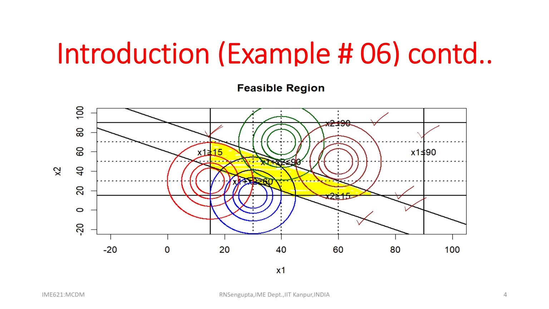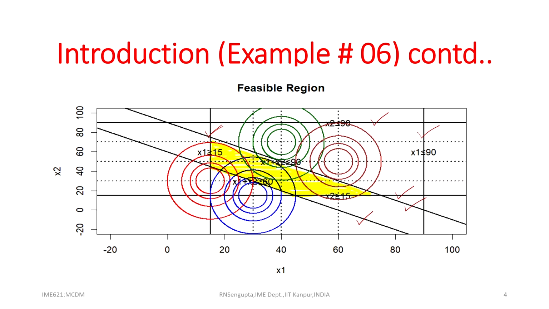Now, considering the objective functions, I did mention in the third lecture that there was a color combination for f 1, which is objective function 1, and f 2, which is objective function 2, and that is why I marked those circles accordingly. If you concentrate on f 1, this would basically have x 1 minus 15 whole square plus x 2 minus 30 whole square, and as I keep increasing the circle, at some point of time it touches the feasible region.